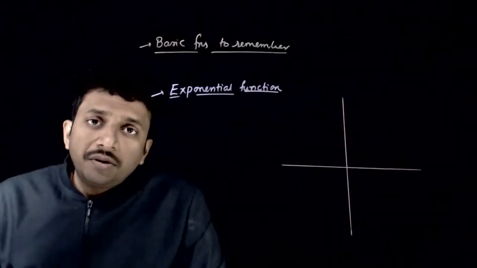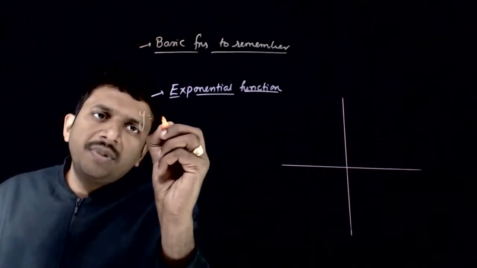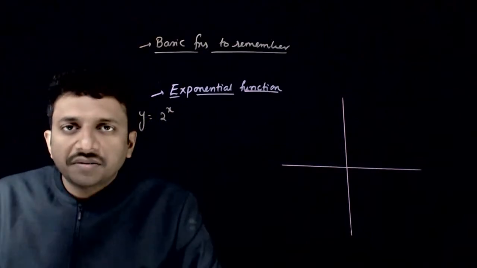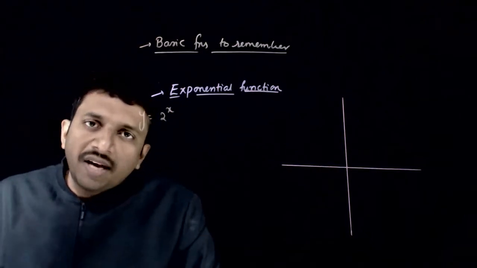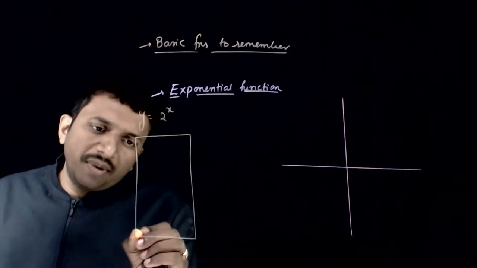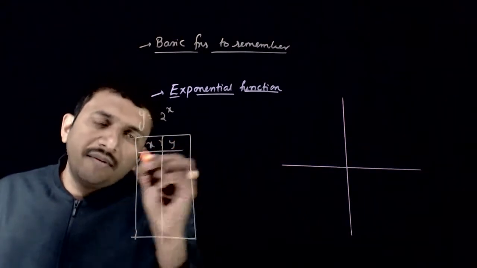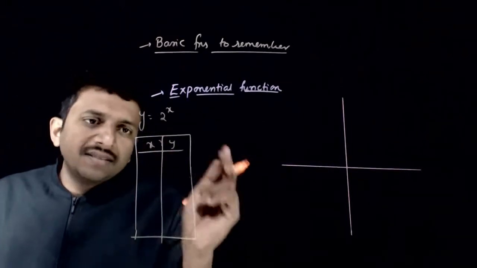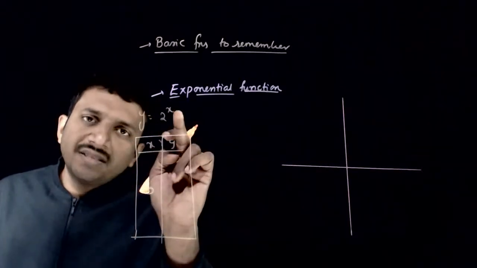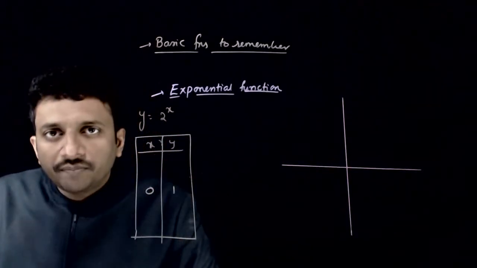So let us try to draw the sample graph of this function. So let us take, for example, y is equal to 2 power x. If you have to draw the graph of this function, let us take a table of some sample x and y values. So when x is equal to 0, y is equal to 2 power 0, which is equal to 1.